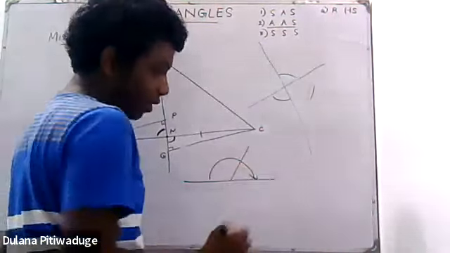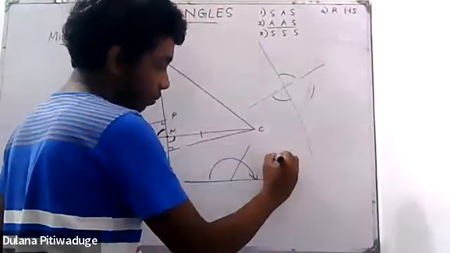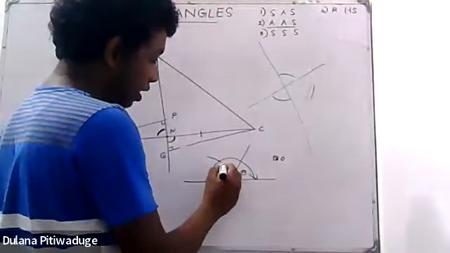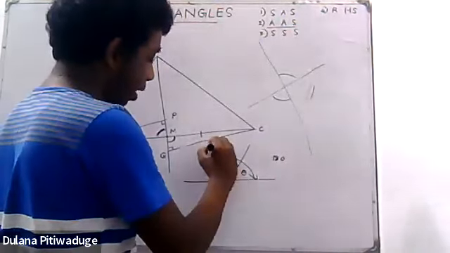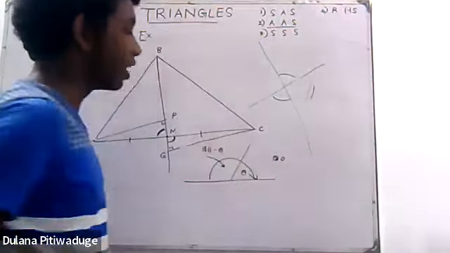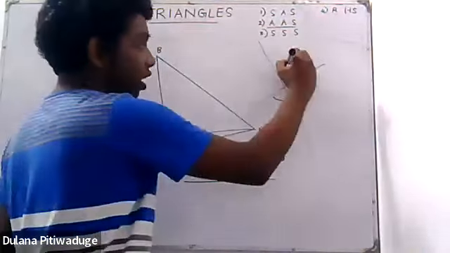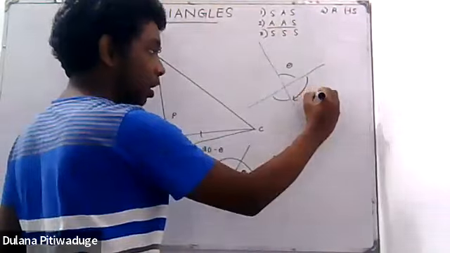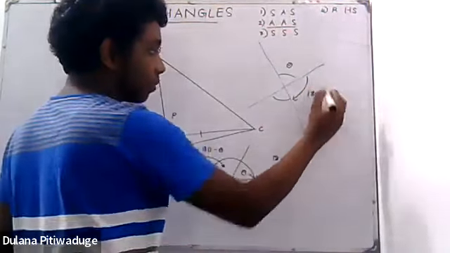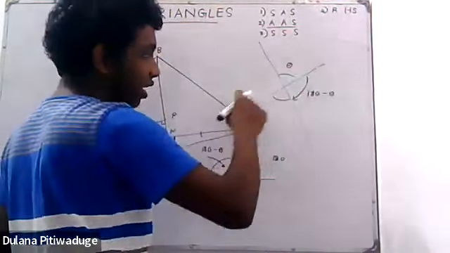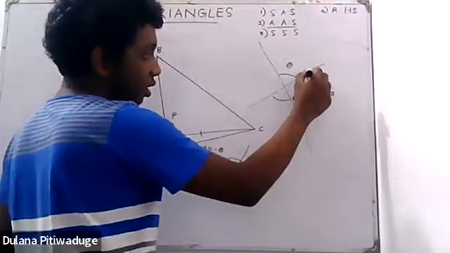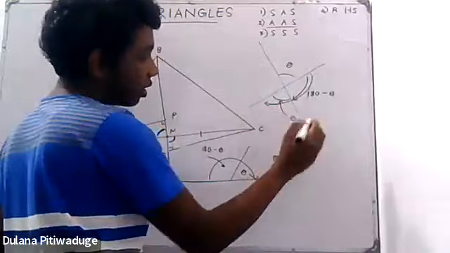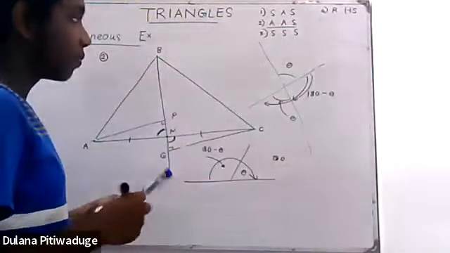What's the total angle over here? It's 180. So if this angle here is theta, here it's 180 degrees minus theta, right? Now if you consider this straight line over here, this total angle is 180, so definitely this angle here should be theta. And these two angles should be equal.